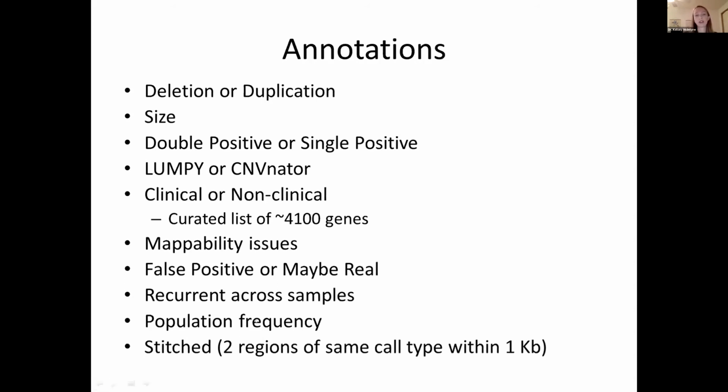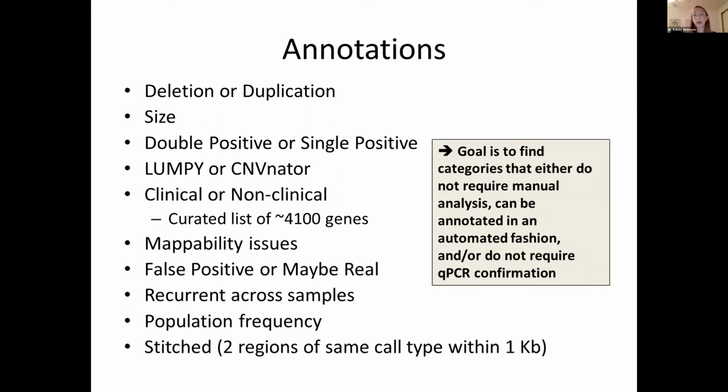And then we just have an annotation of whether the region has been stitched. So if we have two calls that are very close to one another, and there's just an intermediate region that's not called, they will be stitched together and called out as one call. And sometimes the reason for that is the region is maybe overlapping with an exclude region or a repetitive region in the middle, and then that middle part will fall out of the call.